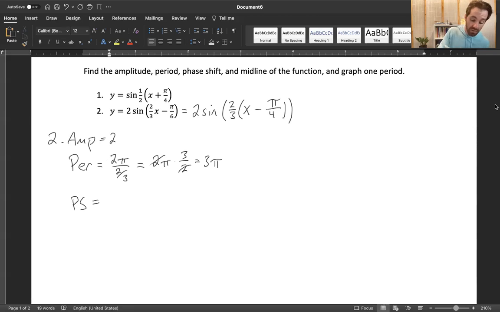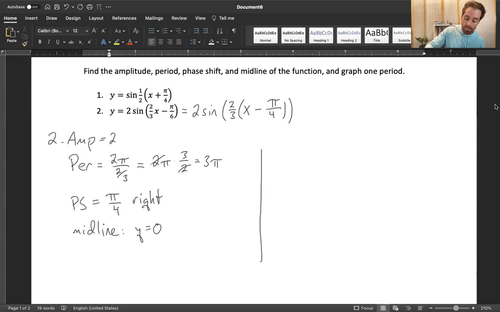So this is the factored version. This allows us to state the phase change. The phase shift is pi over 4, and that's to the right because it's minus. The midline is y equals 0 because there's no plus or minus. We mark one period of 3 pi.